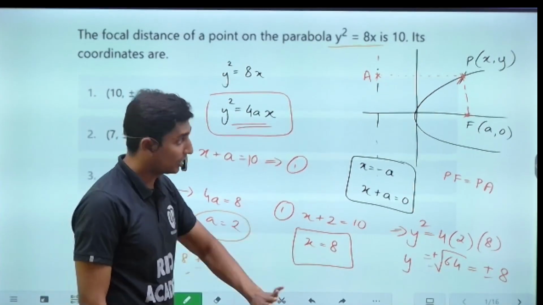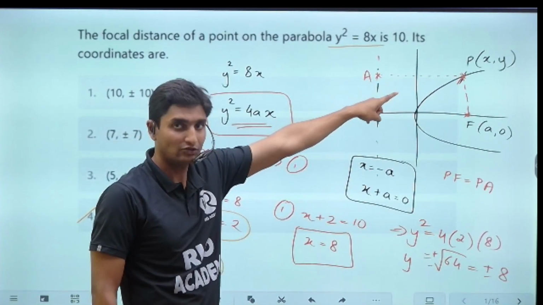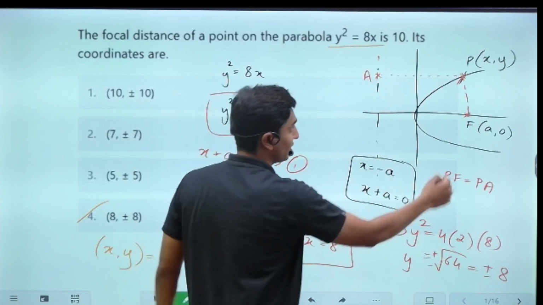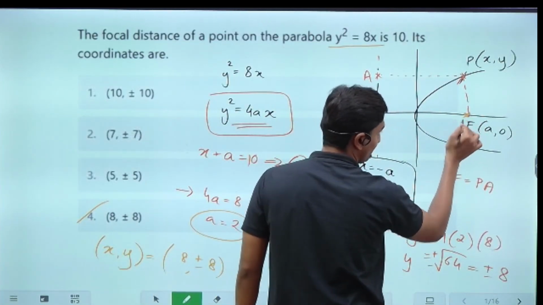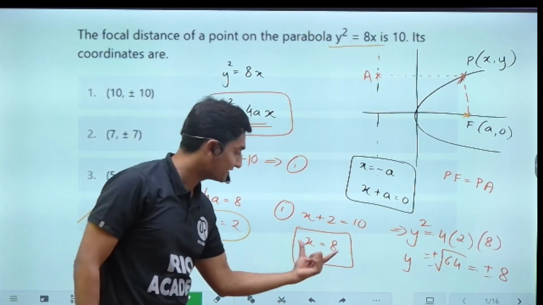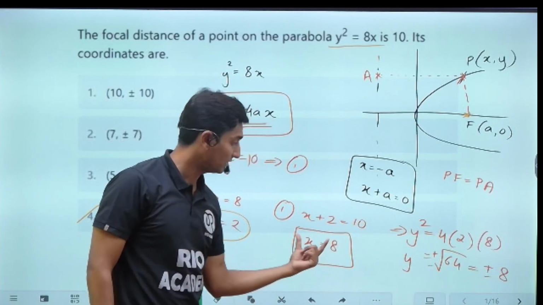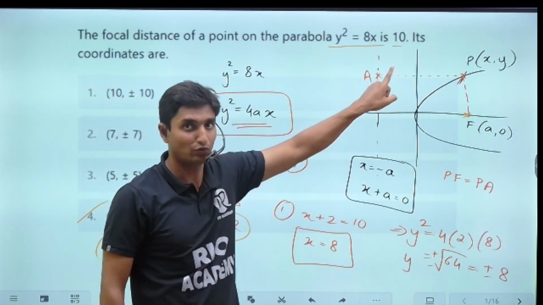Now here we need the coordinates of that particular point P, x comma y. If x is equal to a and y is equal to 0, that will be the focus. We have already obtained the value of x as 8 here. How did we do that? Because in the question he has also given us this particular value, 10, the focal distance.